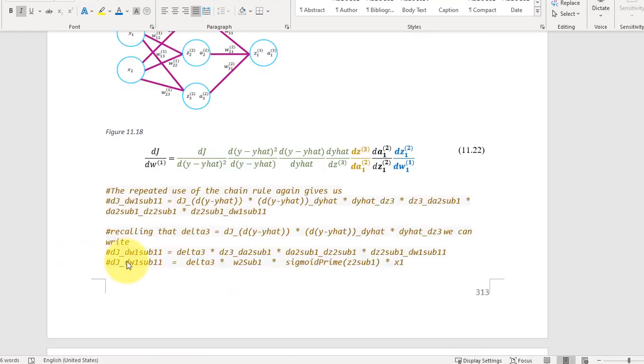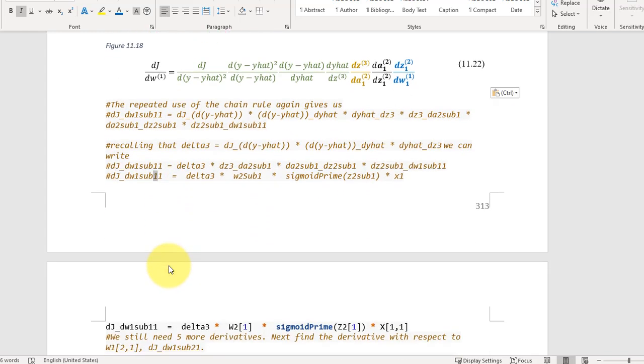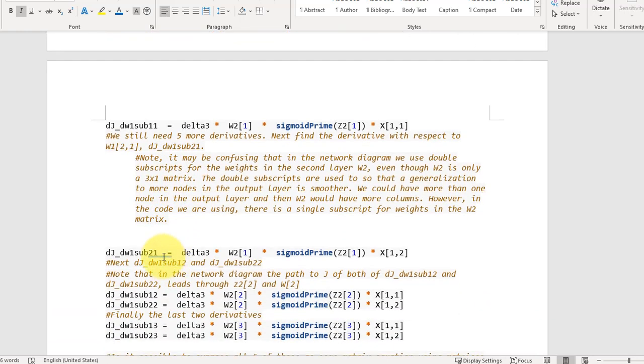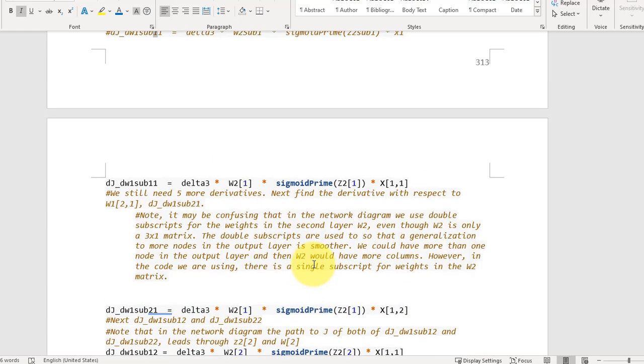So for our first one, we had x1, but we should expect that when we change this to a 2 and do that one, 2, 1, let's see, do we have that? Yeah, here, the only difference should be the last term. So let's make sure that that's true. This one and this one, they're the same except for the last term.